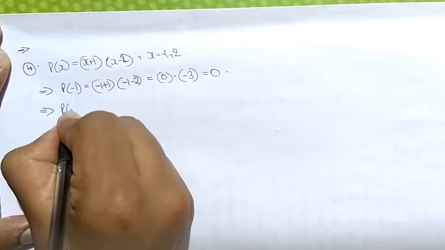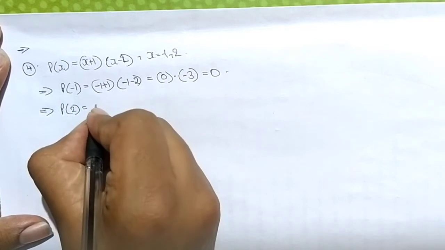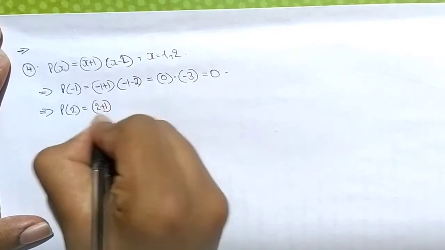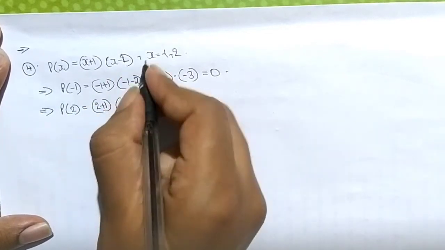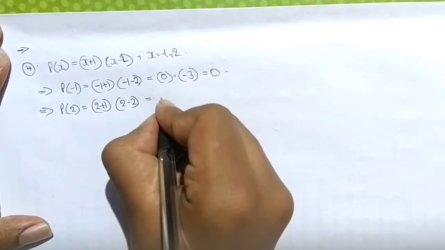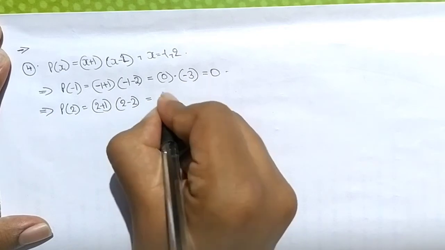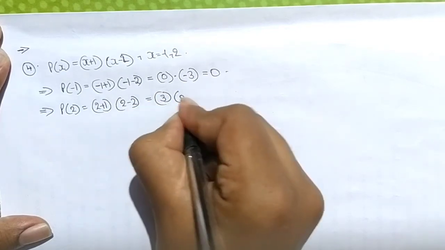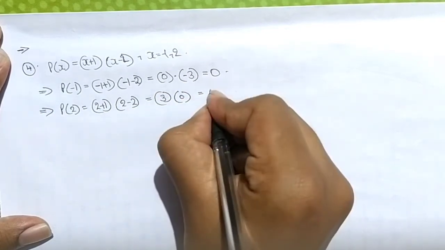On substituting for 2, x plus 1, substitute in the question you have written here itself, 2 minus 2. 2 plus 1 is 3, 2 minus 2 is 0, 3 into 0, 0.